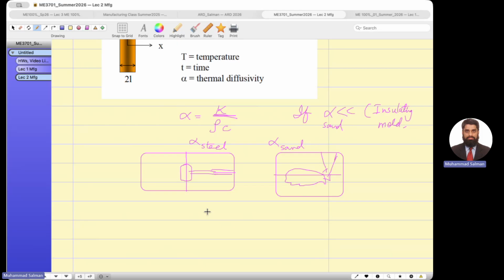Then you will tell me, Professor, alpha sand is less than alpha steel. So it means it is known as the insulating mold.